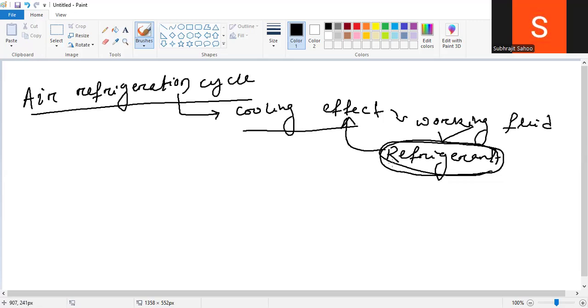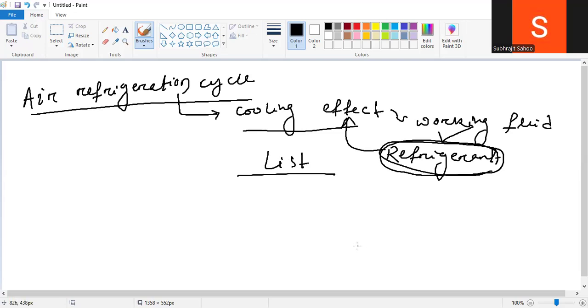Not all gases, like oxygen, nitrogen, carbon, can be used separately. The gases used to produce the cooling effect should have some specific properties, and those gases are listed by doing several experiments.